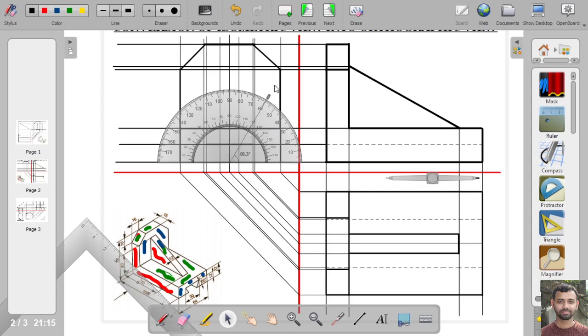So this one is 60 degree angle. It should pass through this point, so this angle should be 60 degree. So now we can draw a line from this point.